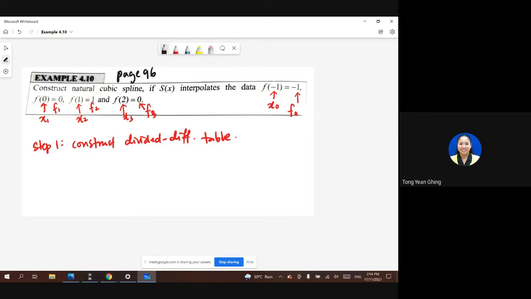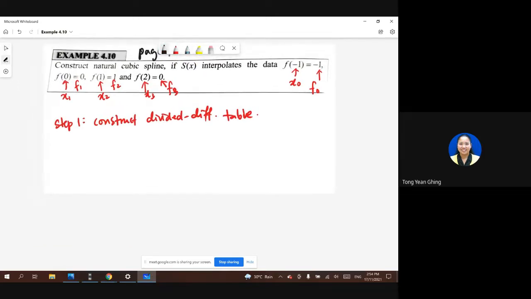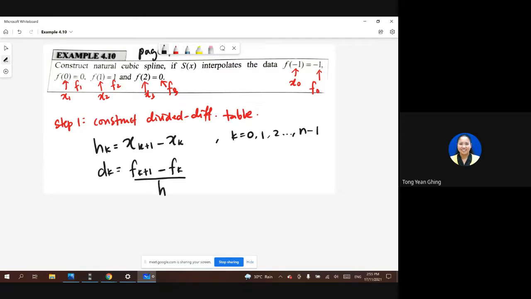Using the formula, let me write the formula again. Just now we have to find three parameters, h, d, and b. So h_k is equal to x_k plus 1 minus x_k, for k equal to 0, 1, 2, until n minus 1. And then d_k is f_k plus 1 minus f_k divided by h_k, also the same.